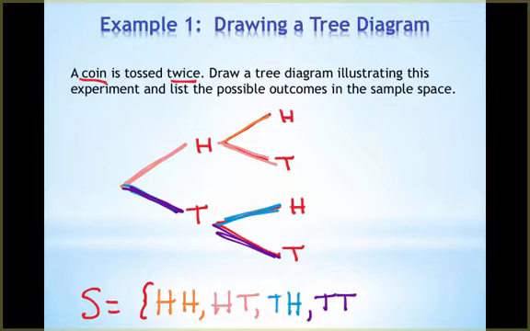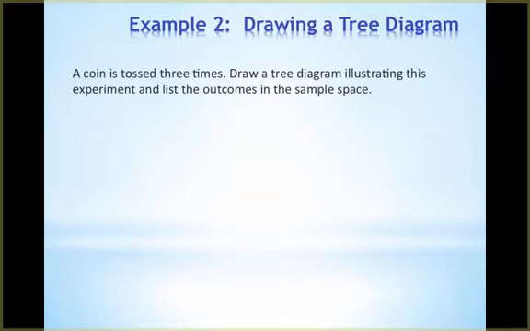Each of those makes up an event or a possible outcome, and the entire set of outcomes would be the sample space. Now we'll do the same thing, but now we're going to assume that we toss it 3 times. So we'll have heads, tails.